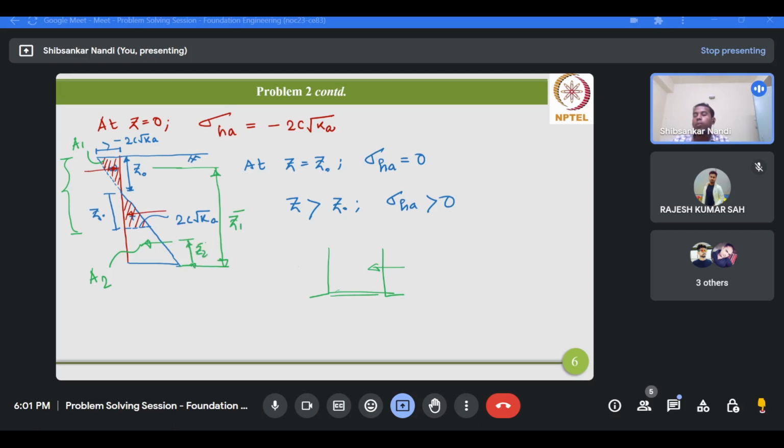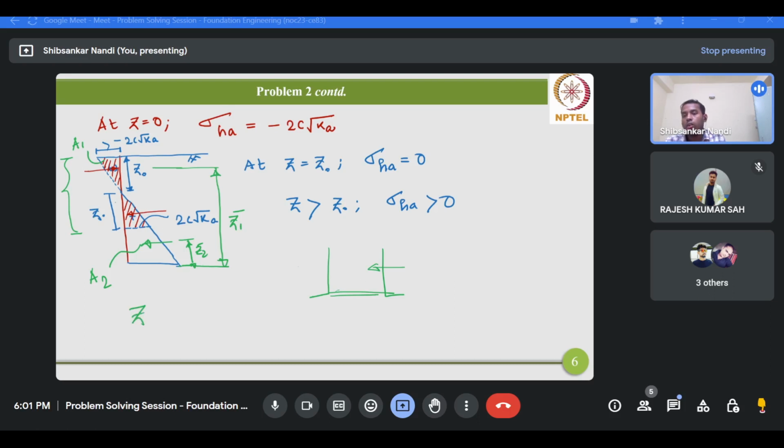Now how can we figure out this Z1 bar and Z2 bar? It's very straightforward. The resultant of a triangular distribution will act at the CG of this geometry. That means you should know the CG of a triangle. So you know A1, A2, Z1 bar and Z2 bar.